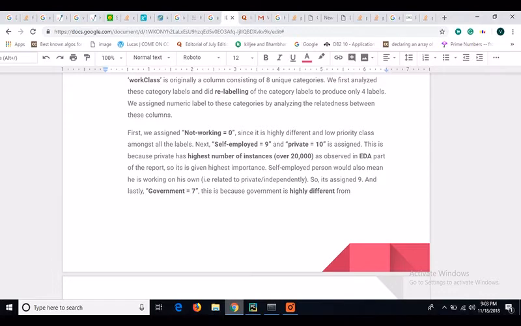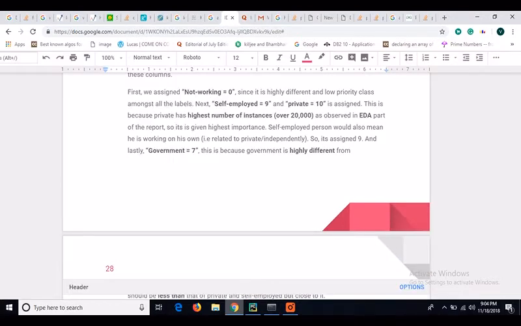The highest priority, 10, is assigned to private because it has the highest number of instances, over 20,000, which means most of the people are engaged in the private work class. Next, self-employed is similar to private, so we have assigned it a value of 9, which is very close to 10. Government, which is very far from not working, should carry a value less than 9 or 10, so we have assigned it 7.